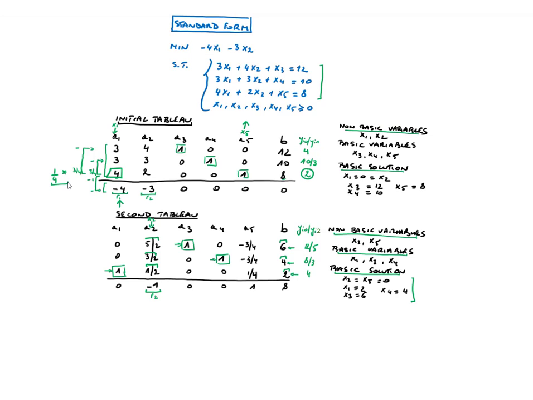So obviously the smallest positive element here is this one over here, and it corresponds to i equal to 1. So you can see here that, since this one is going to become the new pivot, x3 is going to leave the base, right?